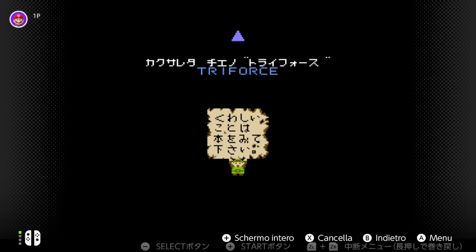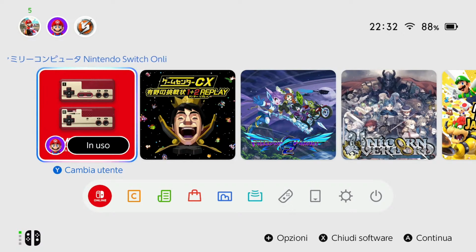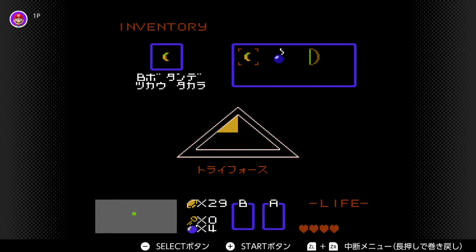And so the quote-unquote Triforce of wisdom, which was hidden. For now, let's ignore the message at the bottom, which Link is holding. And let's go back to our game.